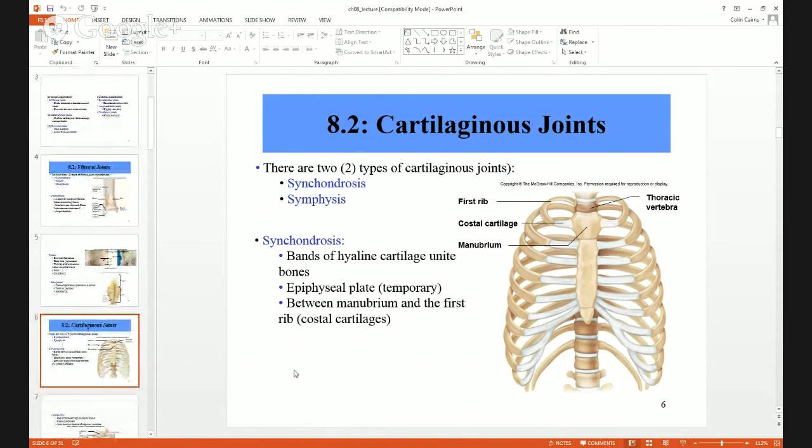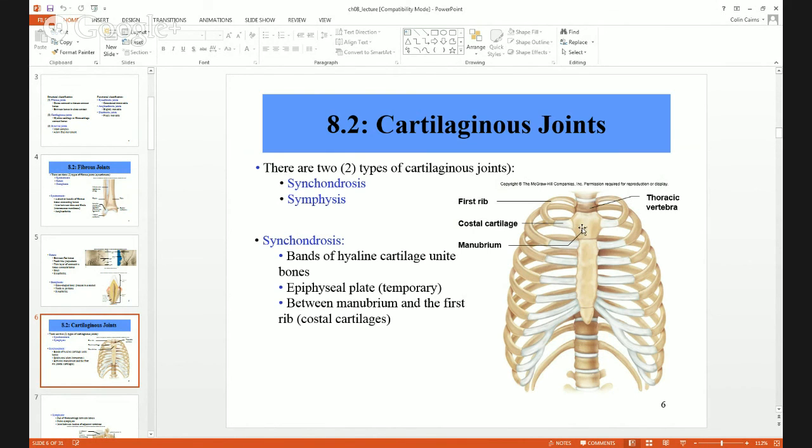We also have cartilaginous joints. There's 2 types: synchondrosis and symphysis. A synchondrosis is bands of hyaline cartilage uniting bones, like the epiphyseal plate, which is temporary, or the joint located between the manubrium and the first rib, the costal cartilage.